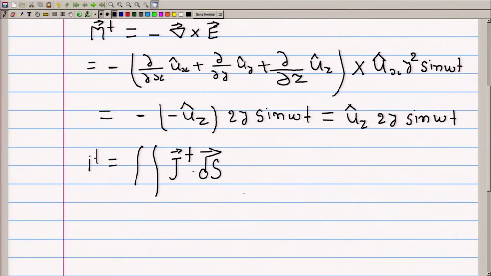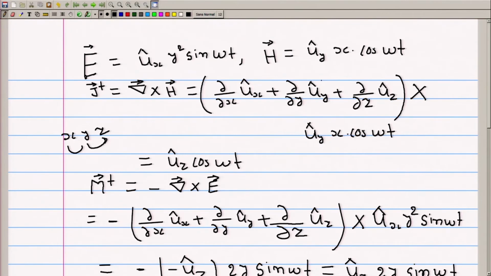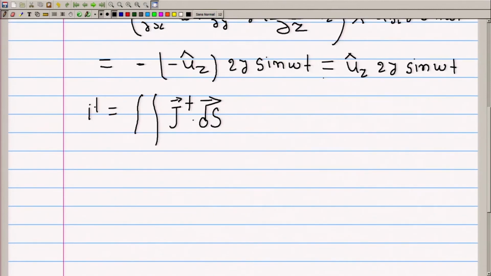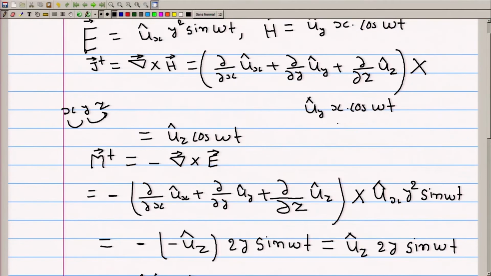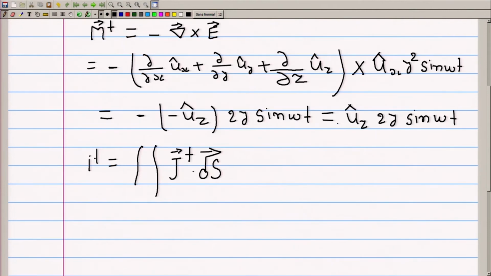We can substitute the value of J_t, which is uz cos omega t.